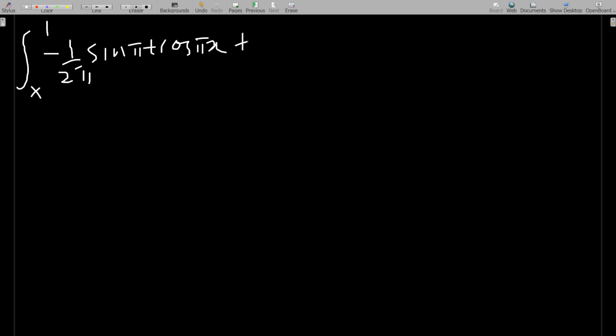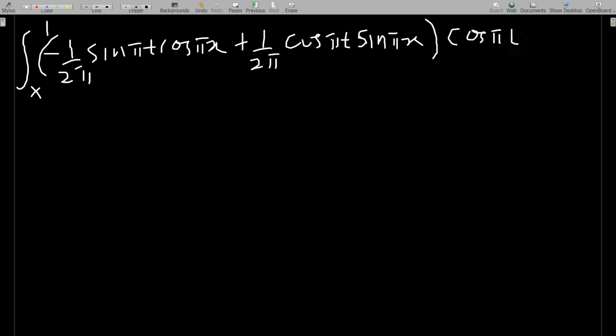So with the first one, that is the integral from x to 1 of negative 1 over 2 pi sine pi t cos pi x plus 1 over 2 pi cos pi t sine pi x, and all of this multiplied by cos pi t dt.